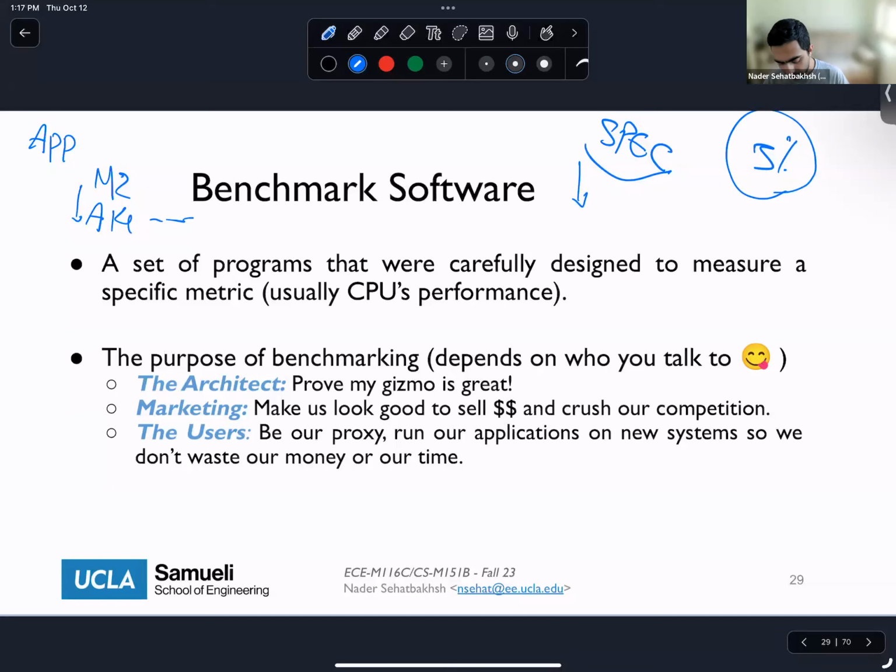And the purpose of benchmarking is different for different people. The architects want to show that their hardware is better. The marketing wants to bank on the fact that the newer generation of the processor is really faster and so on. And of course, for the end user, this is one metric for you to decide which processor to buy.